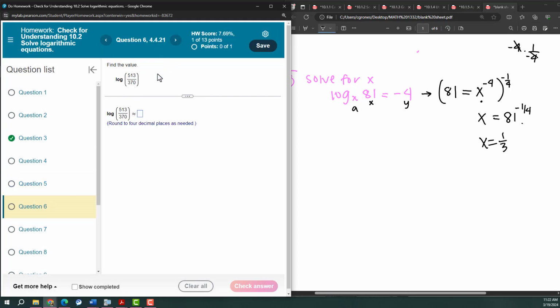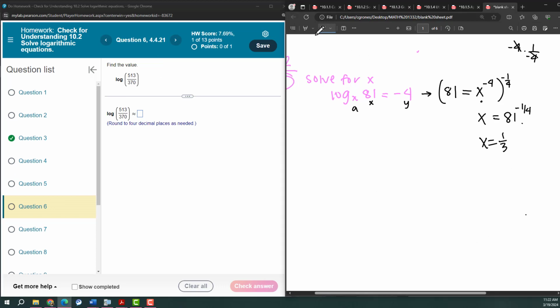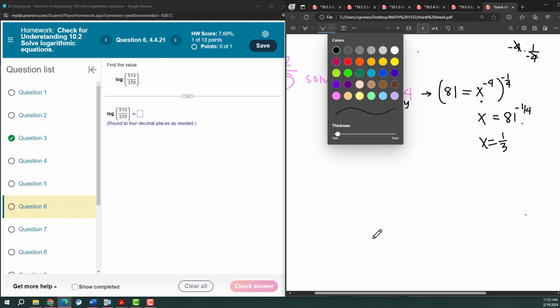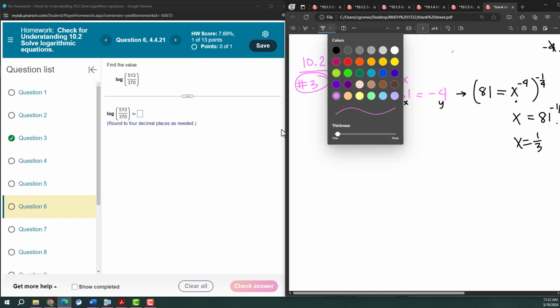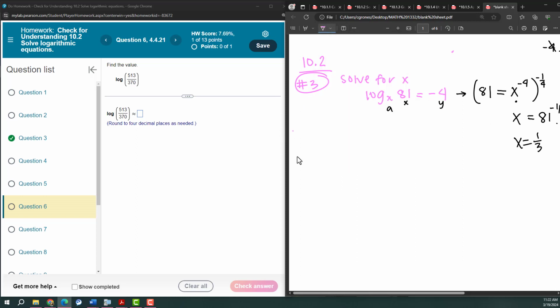I am going to do this one. So this is number 6. Let me scooch this back over. Number 6, we want to find the value, and we have log, and then we have 513 divided by 370.